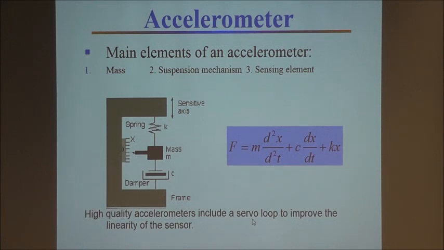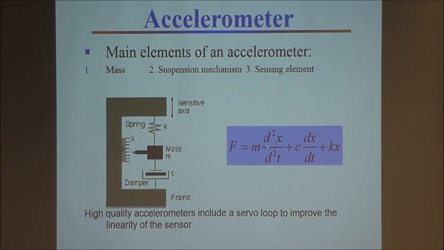A high quality accelerometer includes a servo loop to improve the linearity of the sensor. So you have a mass, a suspension mechanism, and a sensing element. That's the sensing axis, so if it moves in and out, you can measure the acceleration that way.